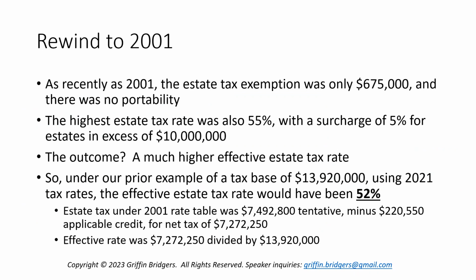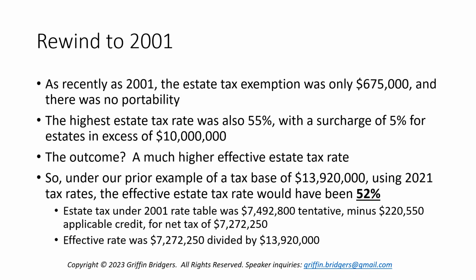So with our prior example where we had a tax base of $13,920,000, if that had been in 2001 using 2001 tax rates, which that's a typo on the slide, it should say 2001 tax rates and not 2021. But back then, the effective estate tax rate on that tax base would have been 52%.